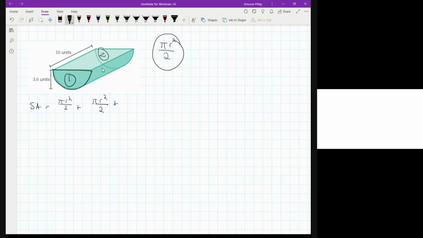Then over here we have this rectangle. So the one length of my rectangle is going to be the circumference of my circle, which is going to be 2 pi r. But it's not the full circumference, it's actually half of the circumference. So half of the circumference is actually, the 2's are going to cancel, and it's just going to be pi r. So this would be pi r, and this would be the other length of the rectangle, which is 10.